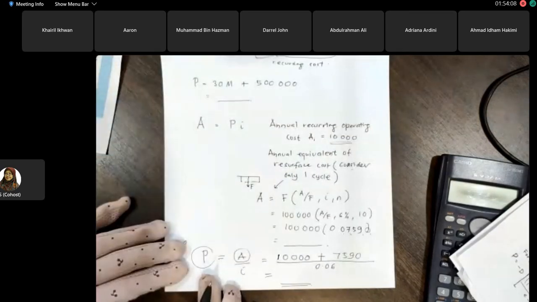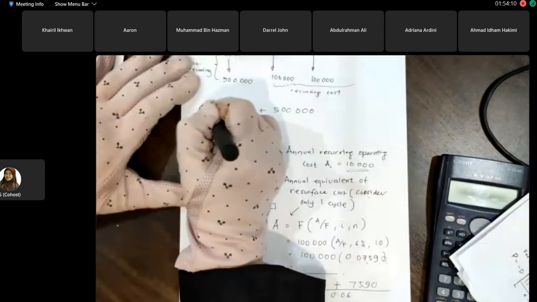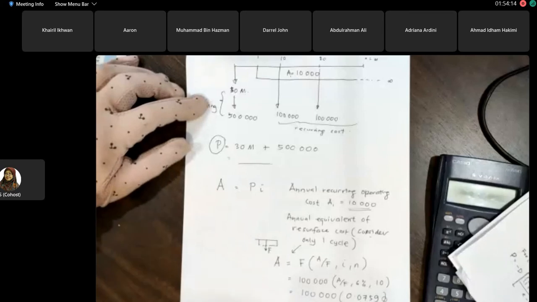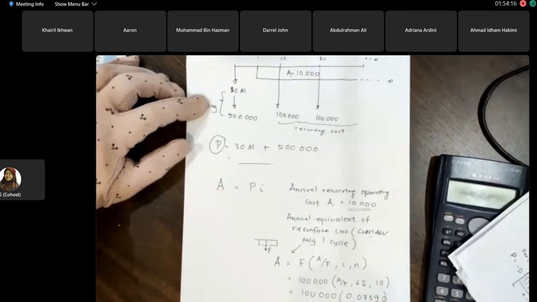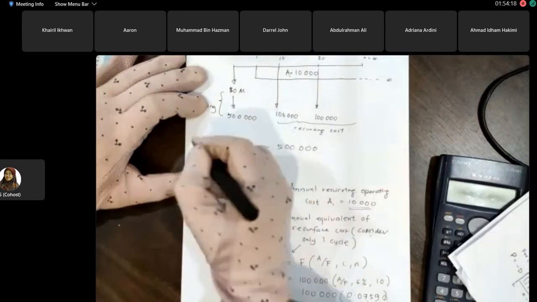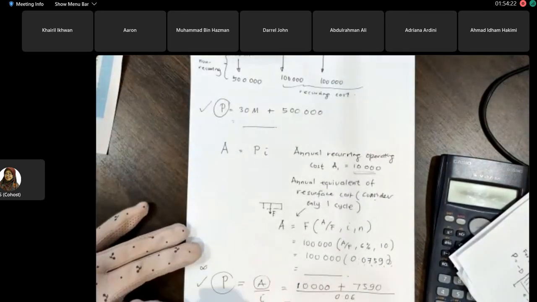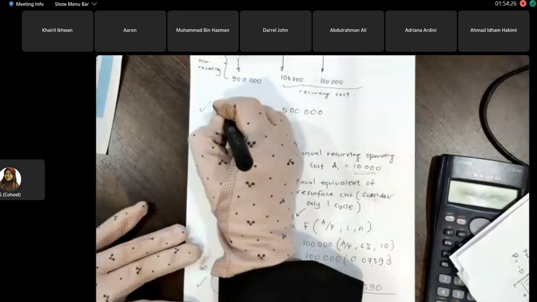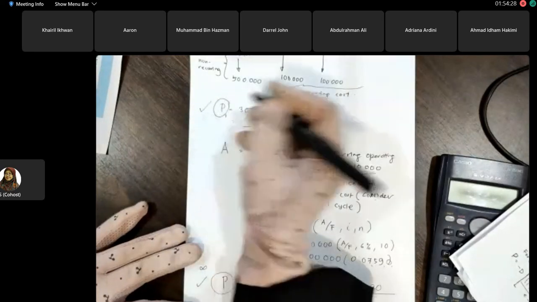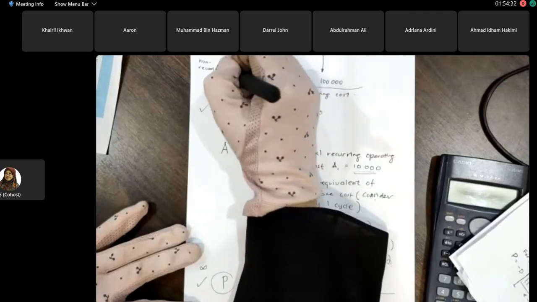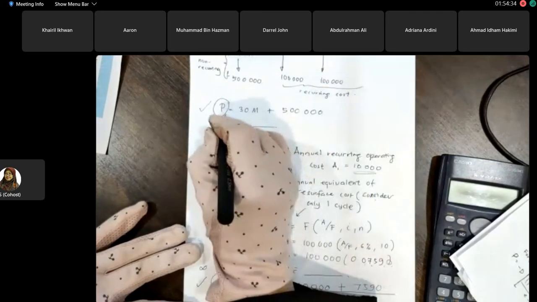Okay. Then after you get this P, this is the first P, the P of 30 million. You have this P and now you get the other P. So what is the P total? Let's say this one is P1, this one is P2. So this is P total.